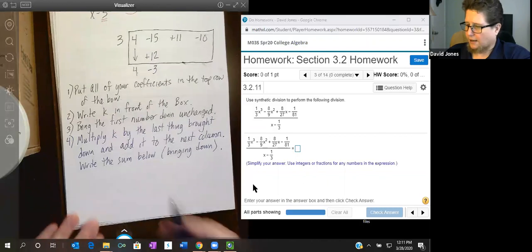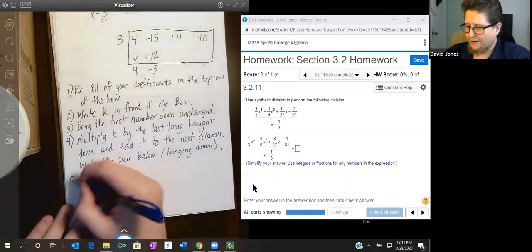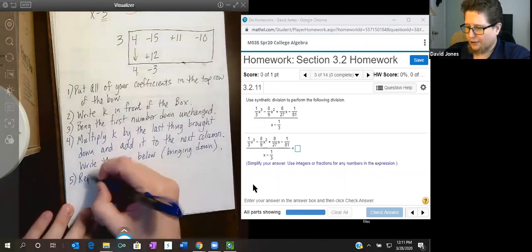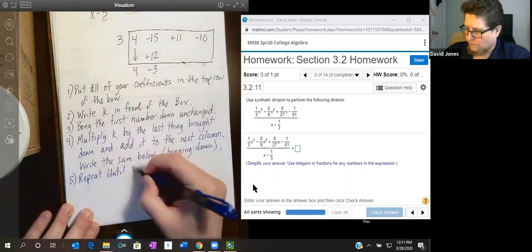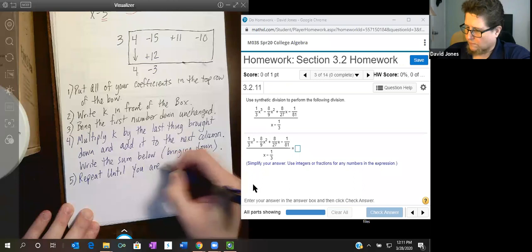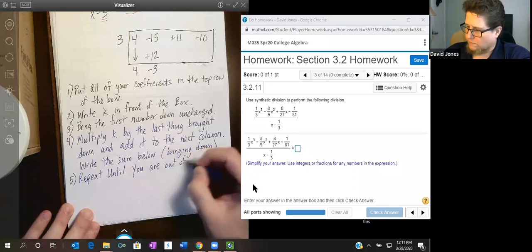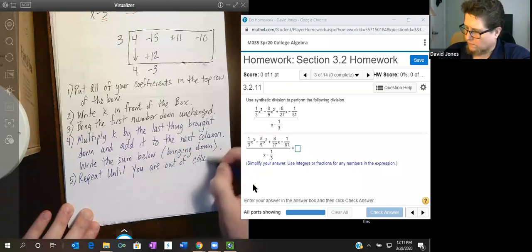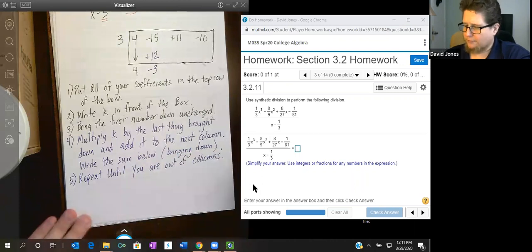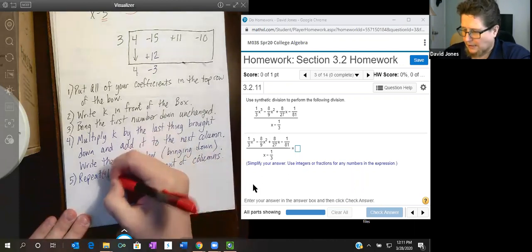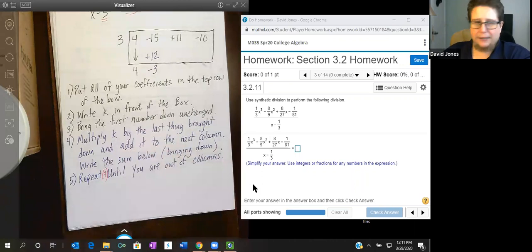Okay. For step 5, repeat step 4 until you're out of columns.